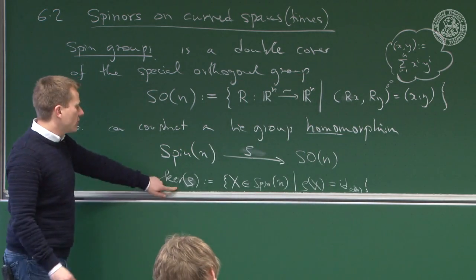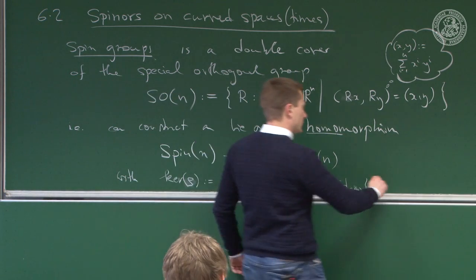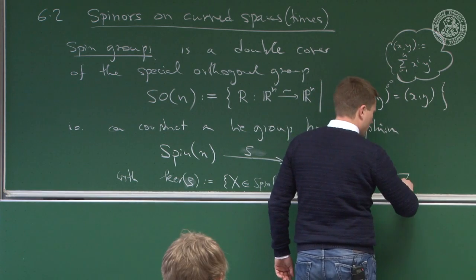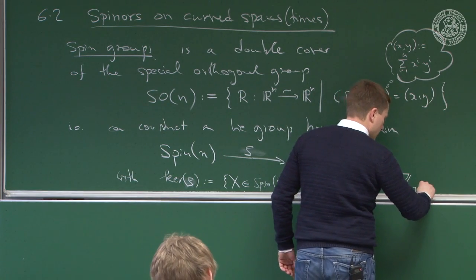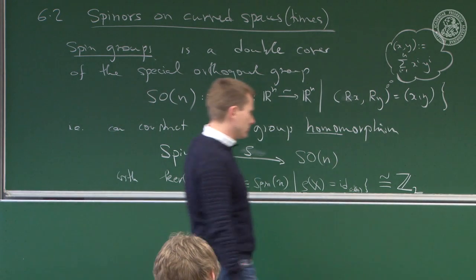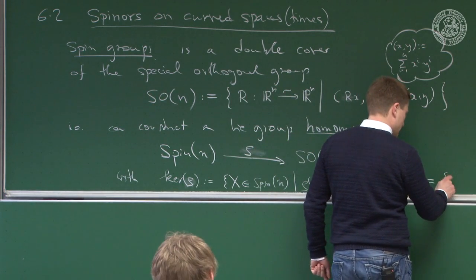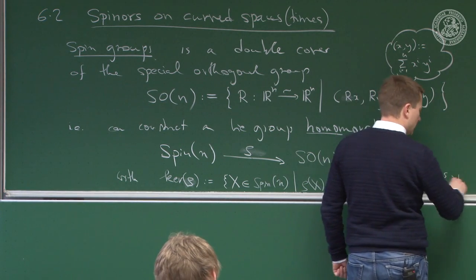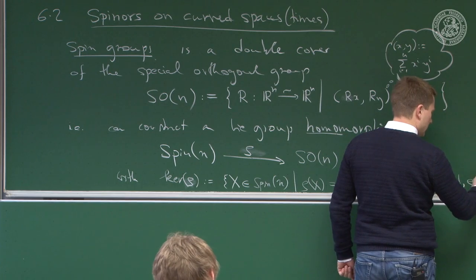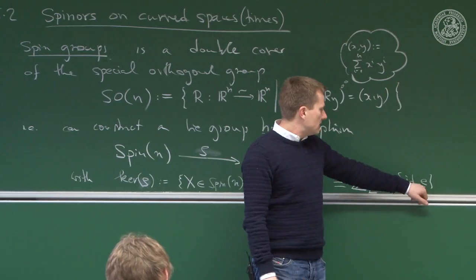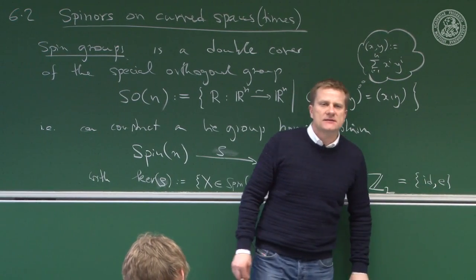Okay, so that's just the definition of the kernel, and that's now the definition of spin, where the kernel is isomorphic to the group Z2. And you know Z2 is the group with just two elements. It certainly needs the identity element, whatever it is, and it needs a second element, and whatever the group operation is, e with e must give you the identity again.